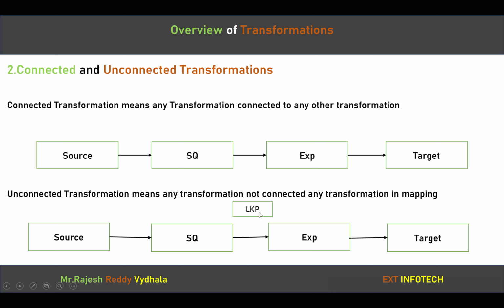Did you see that the lookup is not connected to any of this flow? Then this transformation is called an unconnected transformation. In the majority of cases we use these transformations in our mapping building.